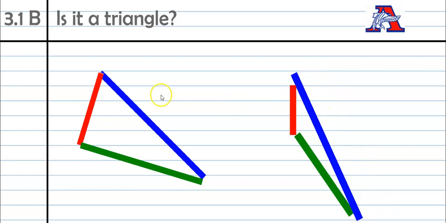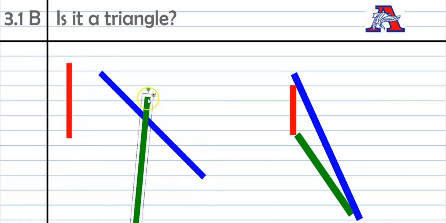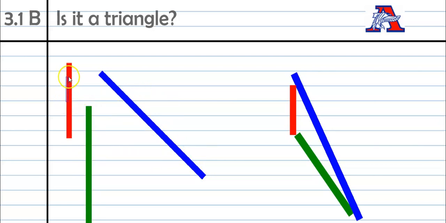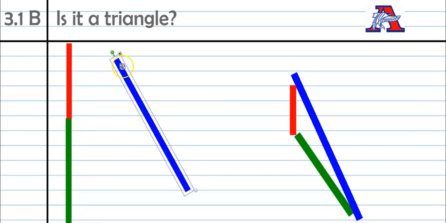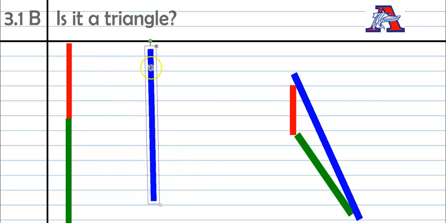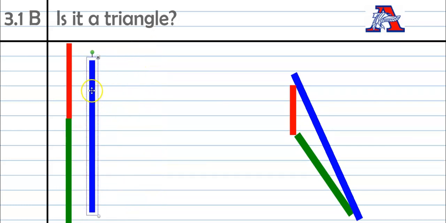It won't work. Okay. So what you can see here, if I just move these a little bit, here's our short side, and here is our middle side. If I drag this up a little bit, we're going to see that those two together, if we add them together, are going to be longer than this blue side. Over here, that's not going to be the case.